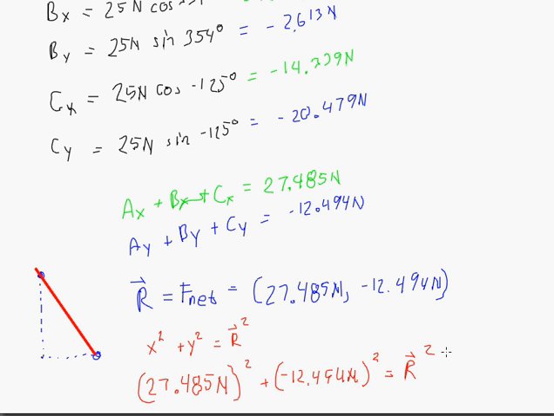Okay, let's do it. Square that plus 27.485 squared, and it looks like I'm getting 900 something newtons squared. When I get it all done, my r equals 30.191 newtons. And that's the length of it. Excellent, guys. Hope you found this informative.